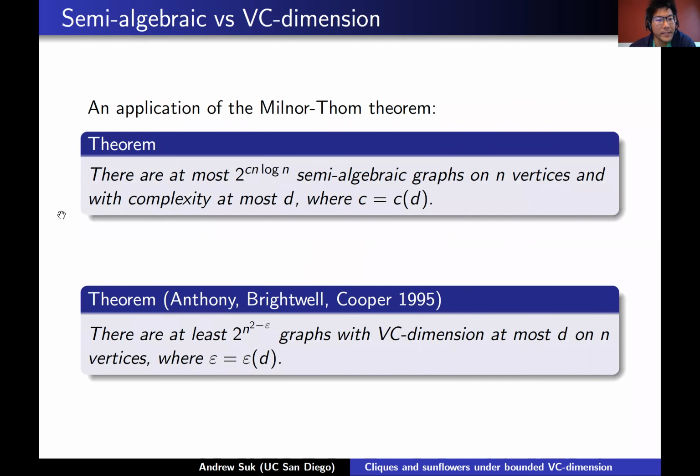It's known that the number of semi-algebraic graphs on n vertices with bounded complexity is roughly 2 to the n log n. So in particular, the class of semi-algebraic graphs is a rather small class of graphs, whereas the number of n-vertex graphs with bounded VC dimension is actually much closer to 2 to the n squared.